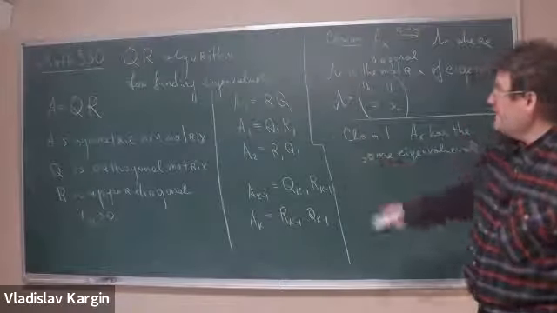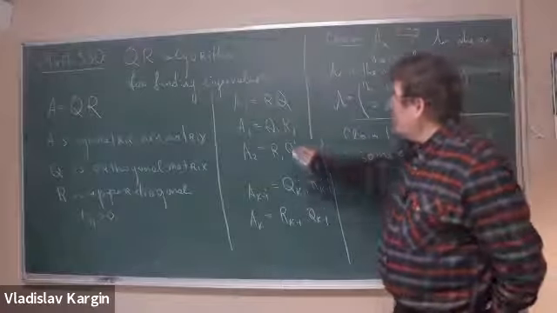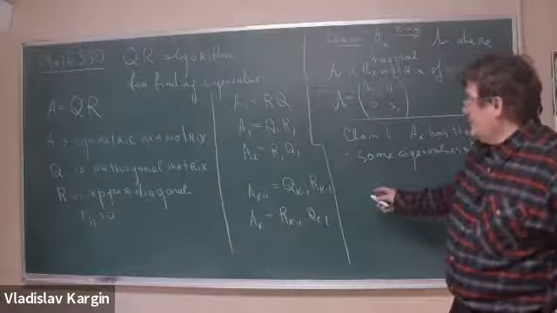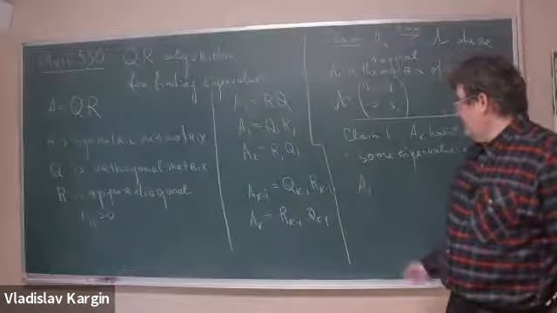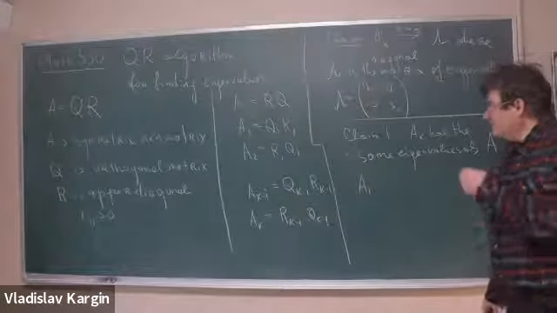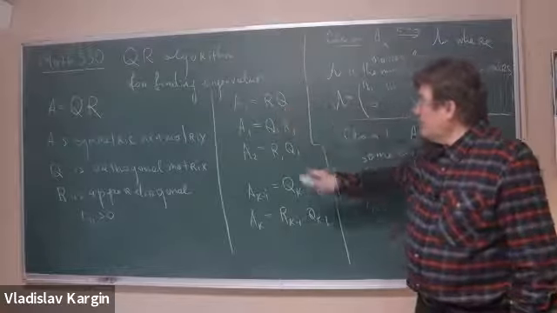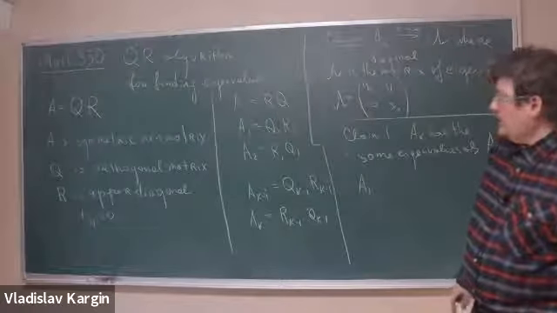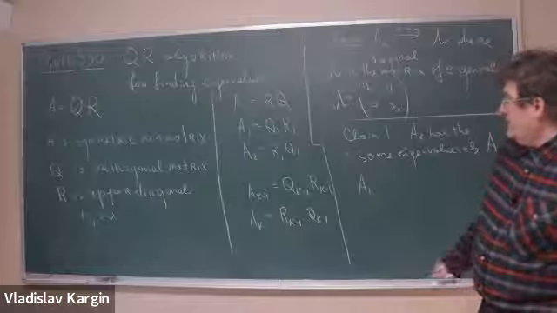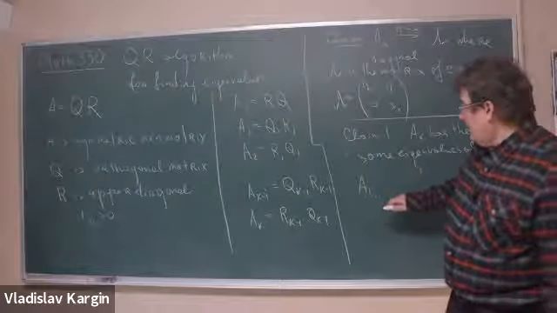So let us look at A1, for example. What happens with A1? A1, by our definition, is equal to RQ, right? And what is R?